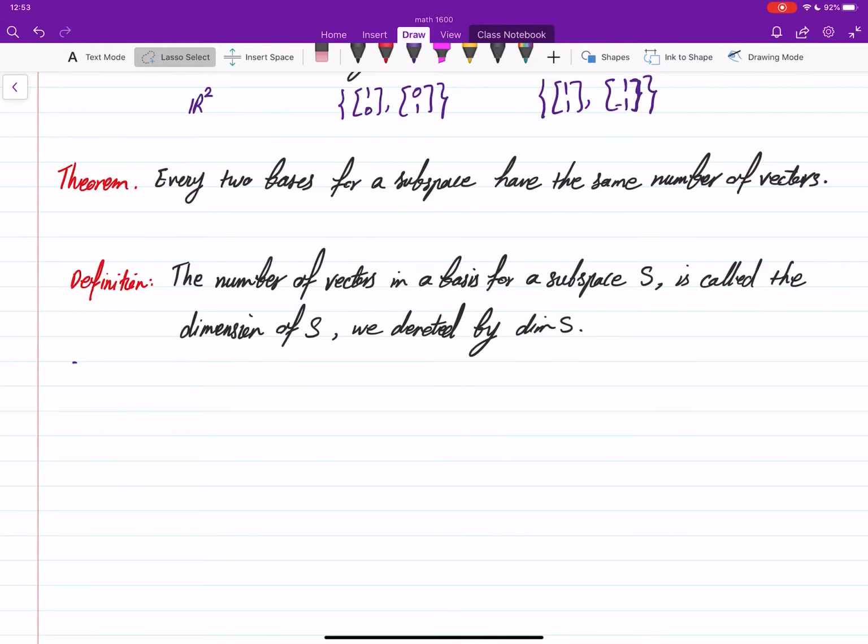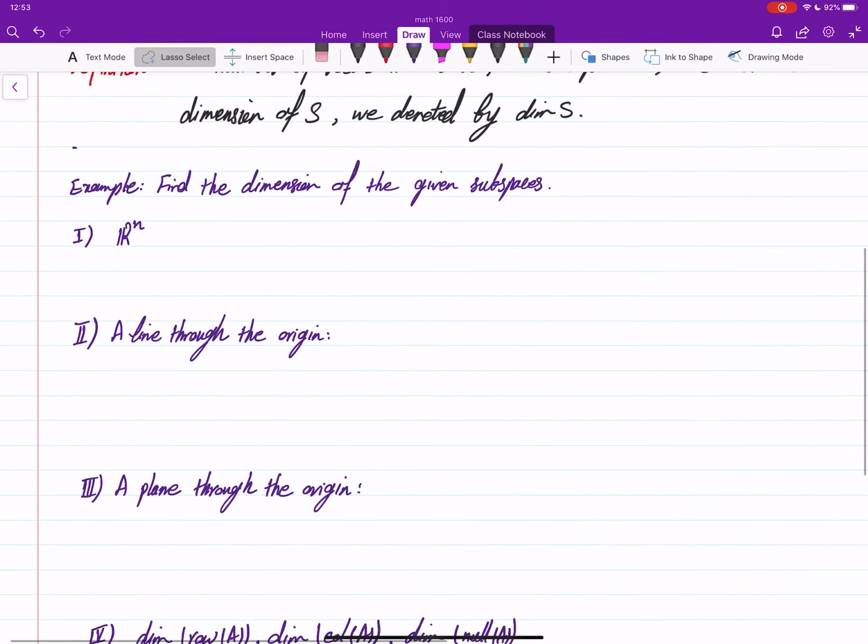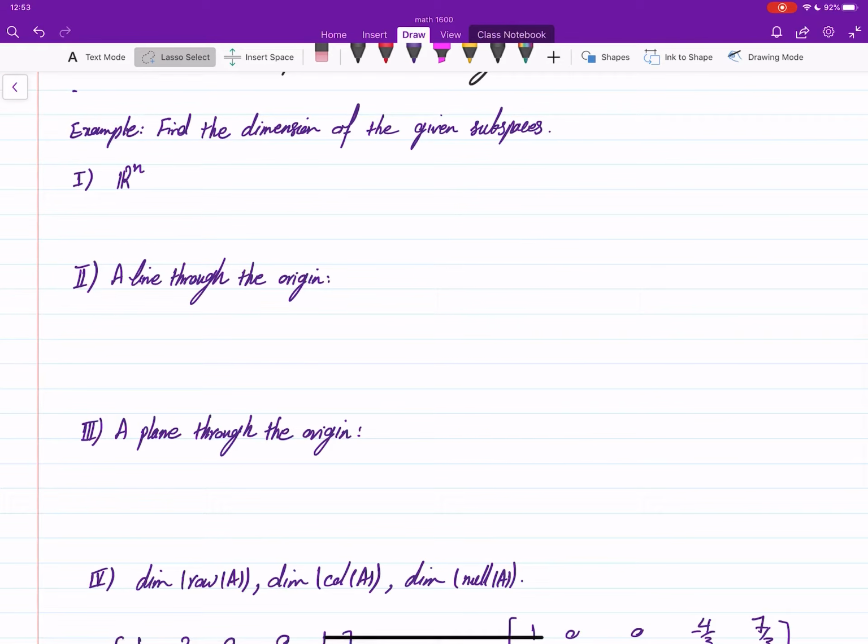For example, Rn. Well, give me a basis in Rn: the standard orthogonal vectors. (1, 0, 0, ..., 0), then (0, 1, 0, ..., 0), and then the last one is (0, 0, ..., 0, 1).